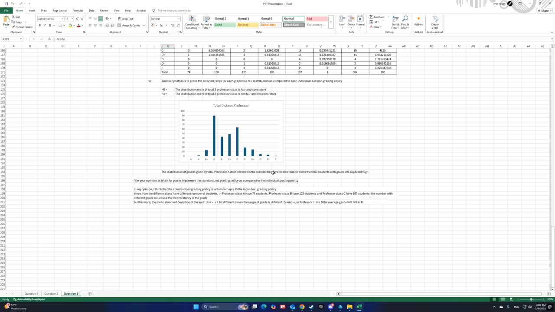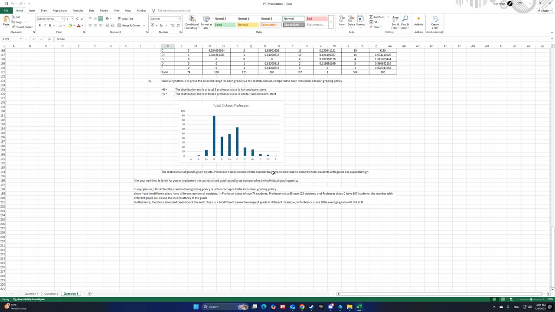Professor A's class has 74 students, Professor B's class has 123 students, and Professor C has 107 students. The number in each grade will be different and cause inconsistency of the grade, since the mean and the standard deviation of each class are also different. So it's quite hard to standardize the grade for each student.